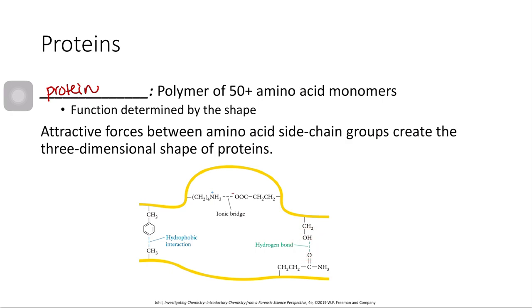Remember, a hydrogen bond is not an actual bond, it is a very strong attractive force. Another type of attractive force is going to be a disulfide bond. Have that sulfur in your side chain.